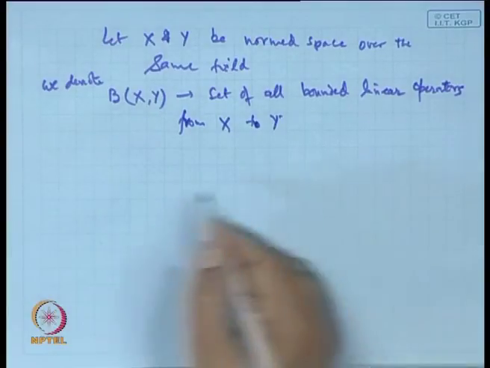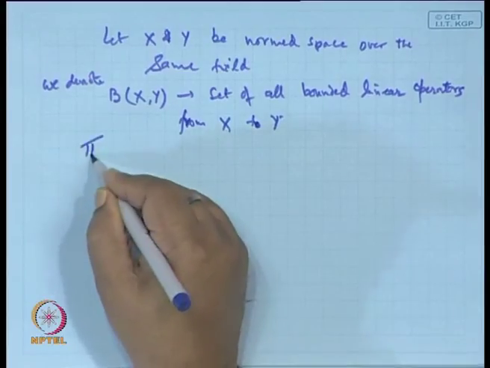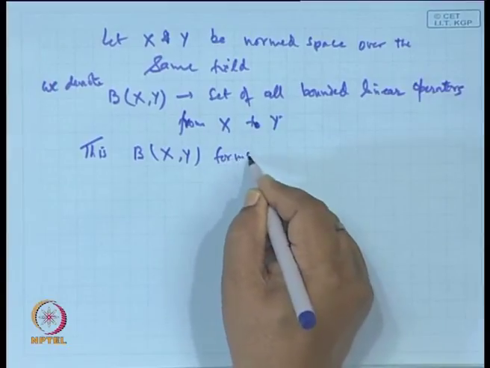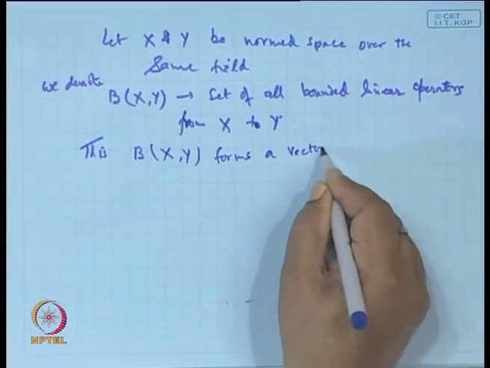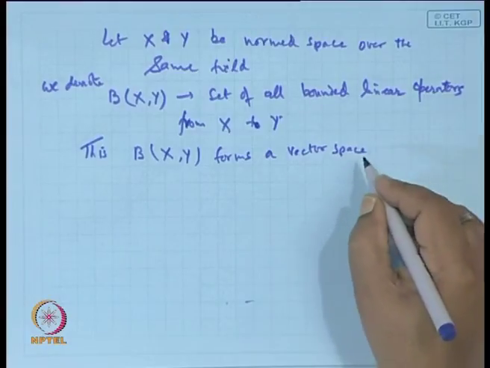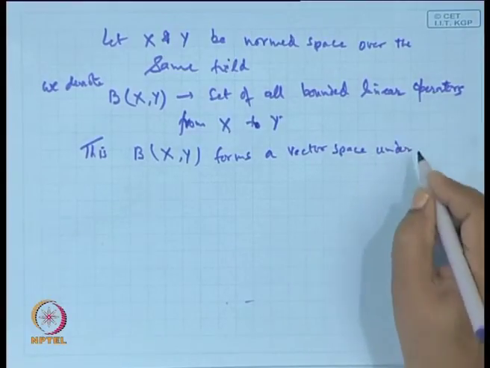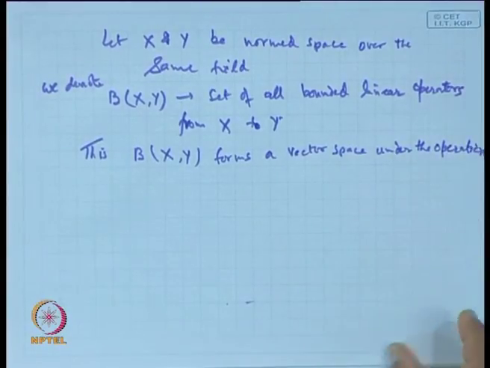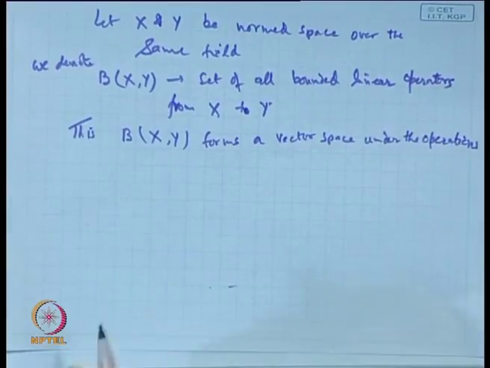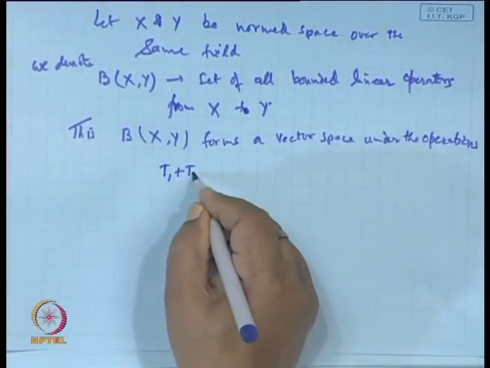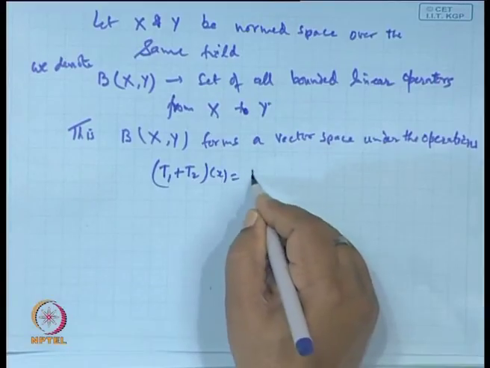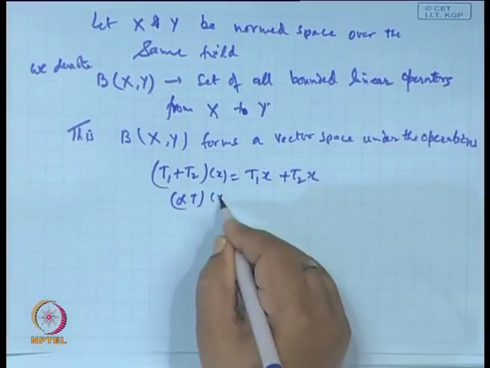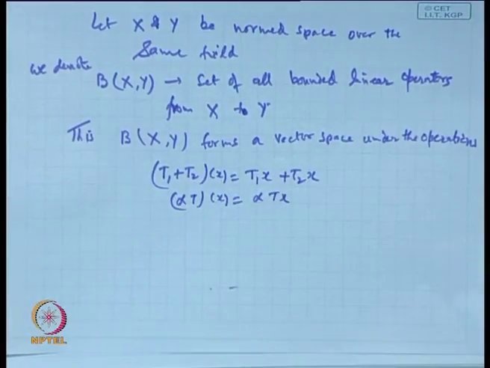Now, this B(x, y) forms a vector space under the operations (T1 + T2)x = T1x + T2x, and (alpha T)x = alpha (Tx).